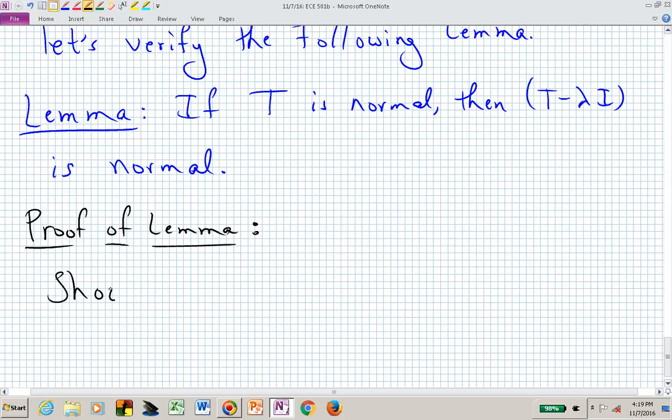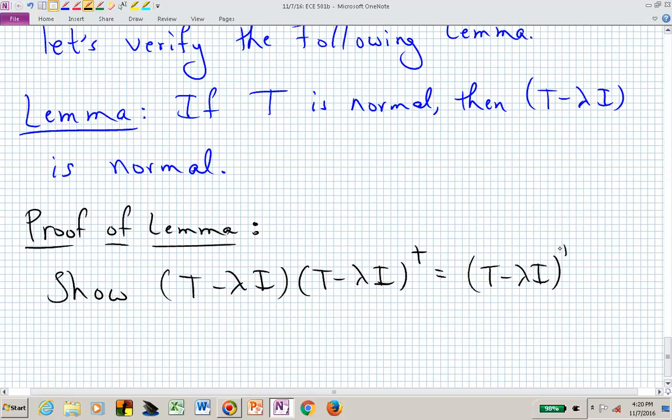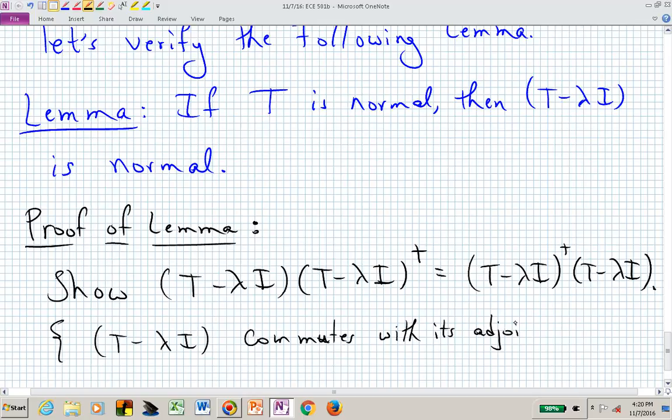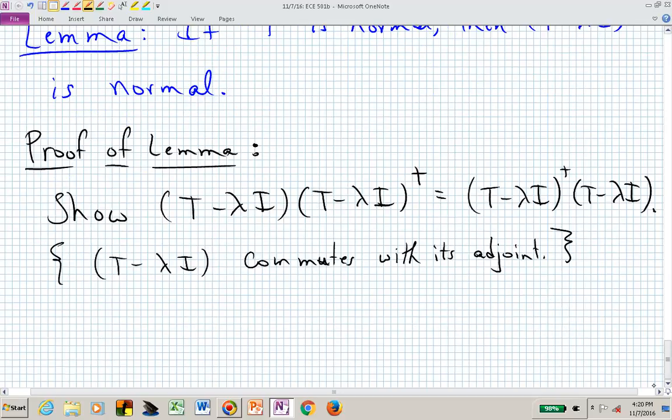So now we want to show that T minus lambda I operating on the adjoint of T minus lambda I is the same as the adjoint of T minus lambda I operating on T minus lambda I, where we're showing that T minus lambda I commutes with its adjoint.